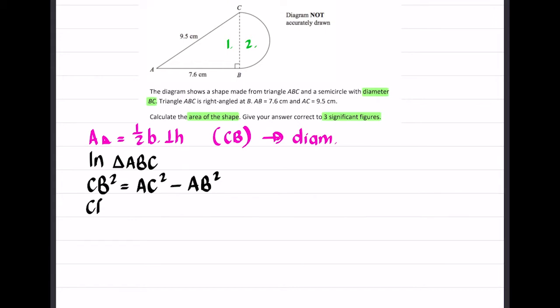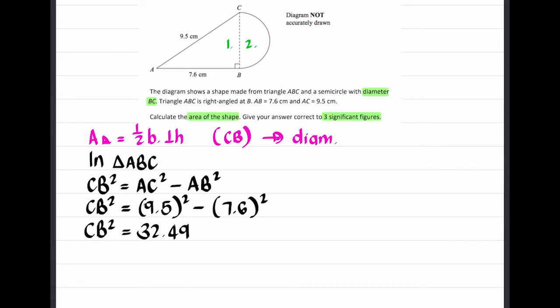So CB squared is equal to AC, which is 9.5 squared, minus AB, which is 7.6 squared, which gives me 32.49.